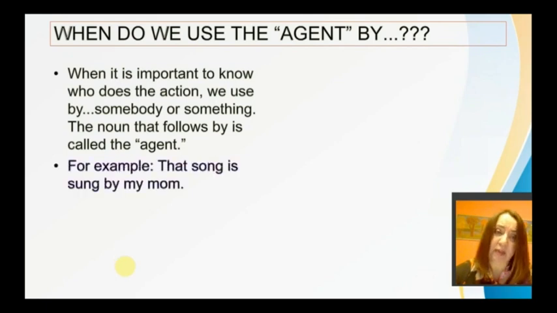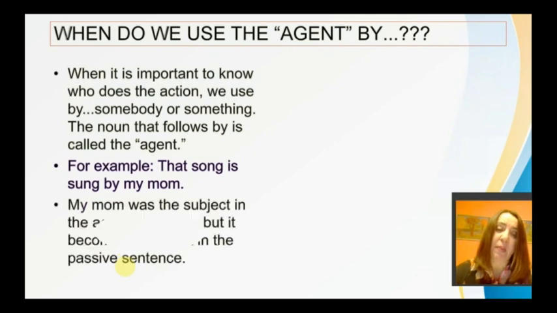For example, that song is sung by my mom. So, my mom sings that song, and it's important information. My mom was the subject in the active sentence, but it becomes the agent in the passive sentence.